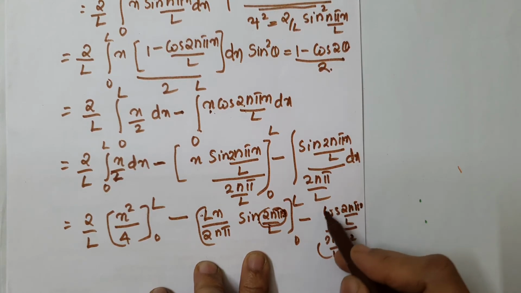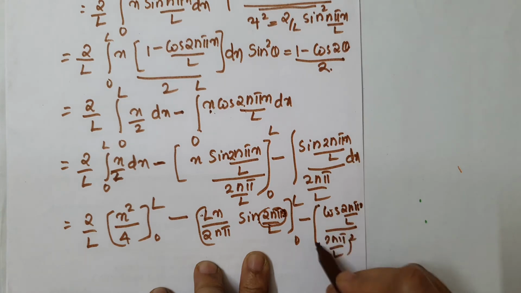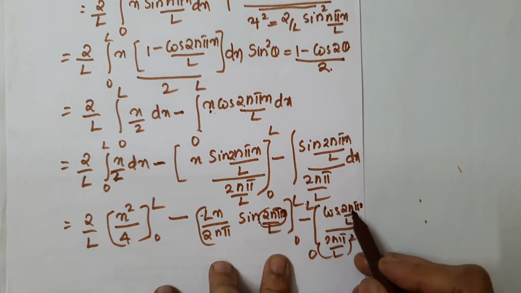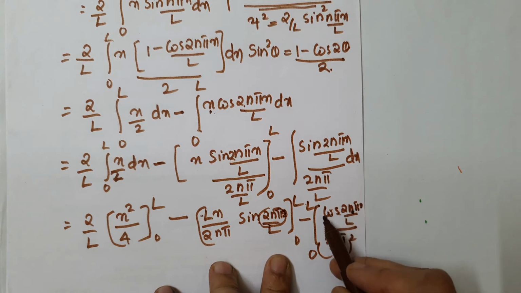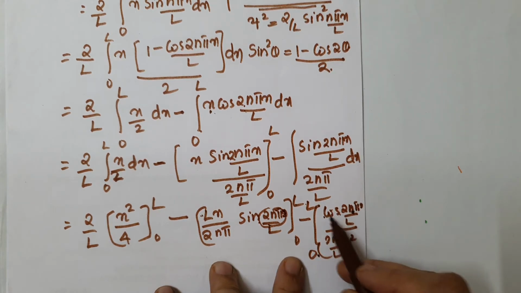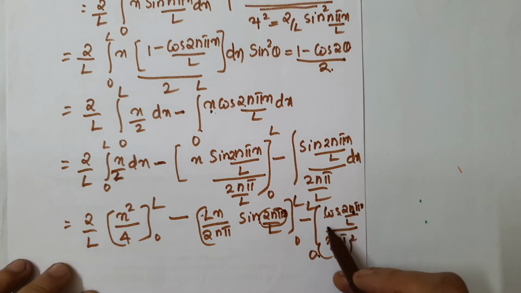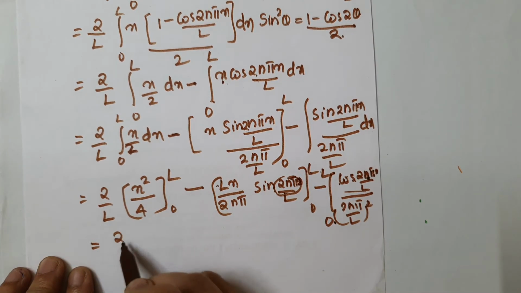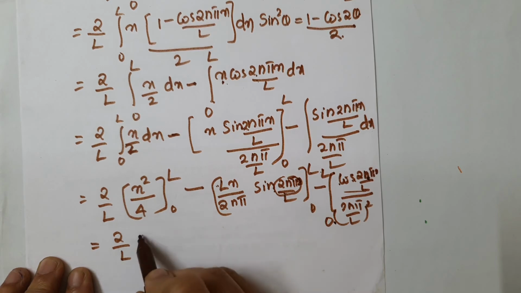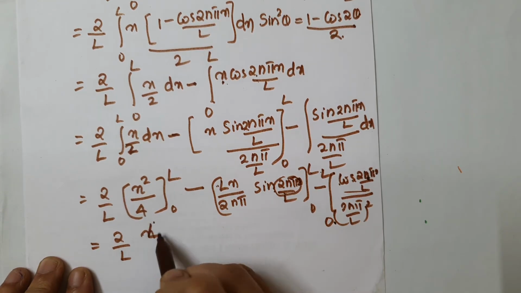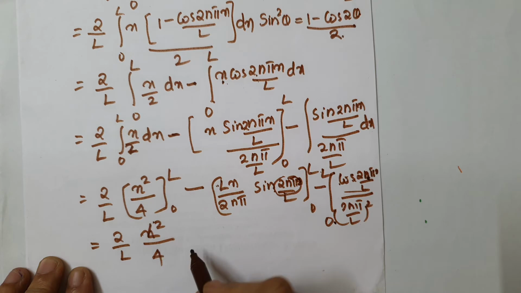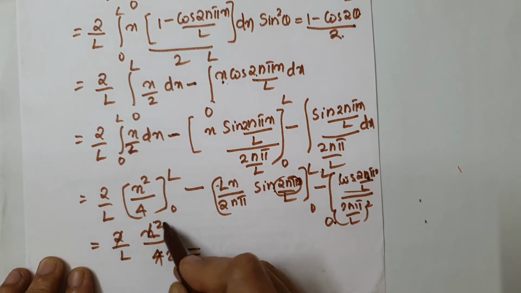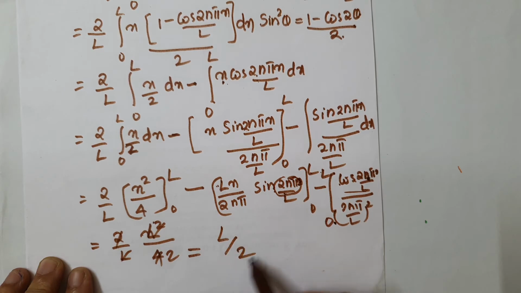When applying the limit we get cos 2n pi, which is 1, and cos 0 is 1, then 1 minus 1 goes to 0, and these two terms will be 0. The remaining term is 2 by L times L square by 4, which will be L by 2.